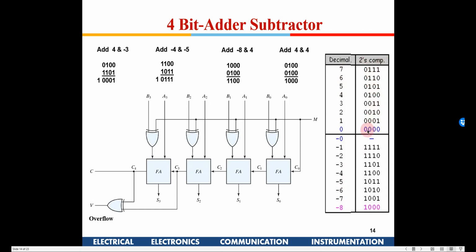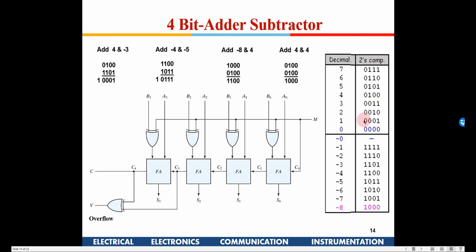Like 0 0 is 0, and then 1 2 3 4 5 6 7, and 8 is not represented, because the 8 becomes 1 here, and that is actually -8. And how did we get 2's complement out here? Suppose this is 0 0 0 1. To get 2's complement, what do I do?